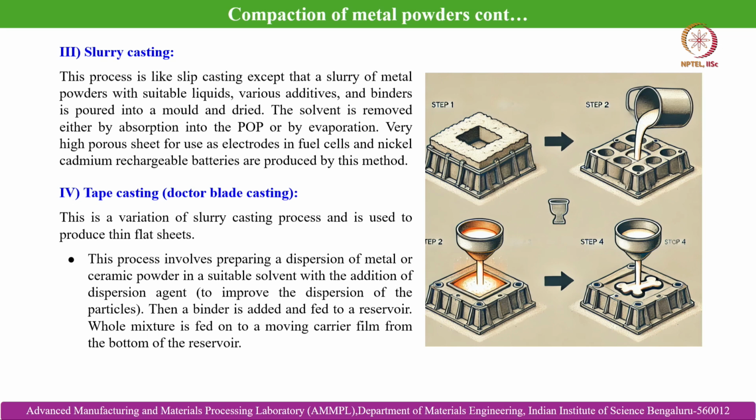And then another variant is tape casting, which is also called doctor blade casting, which is useful for achieving thin parts. This is a variation of the slurry casting process and is used to produce thin flat sheets. This process involves preparing a dispersion of metal or ceramic powder in a suitable solvent, and then adding a dispersion agent to improve the dispersion of the particles. Then the binder is added and fed to a reservoir. The whole mixture is fed on a moving carrier film from the bottom of the reservoir.